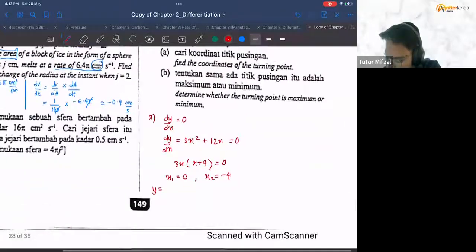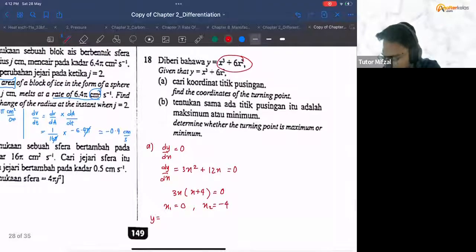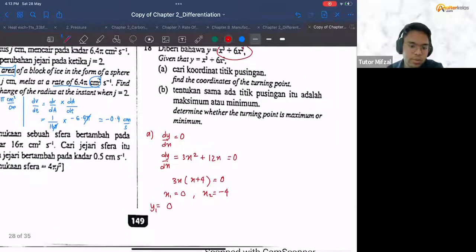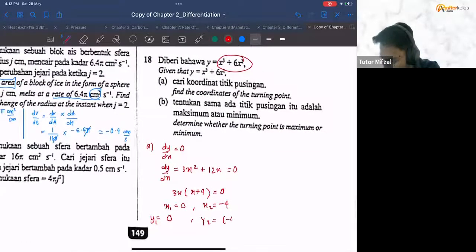So y value is just substituting the value over here. So y equivalent to x cubed plus 6x squared. Your y1, when you substitute x, you would get 0. And then for your y2, when you substitute the value, you should get negative 4 cubed plus 6 times negative 4 squared.